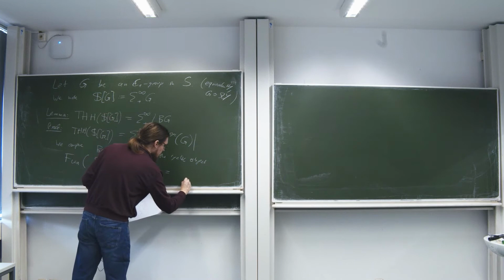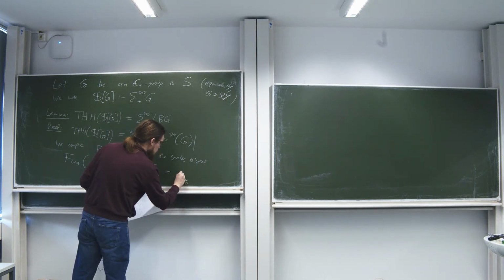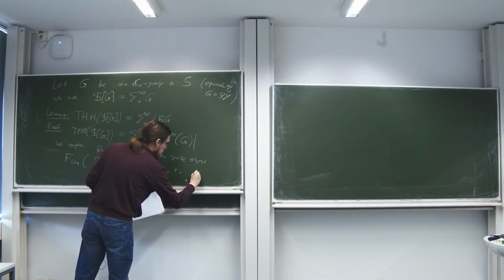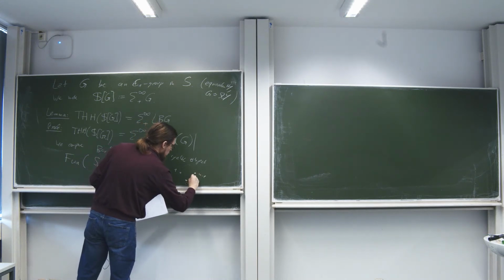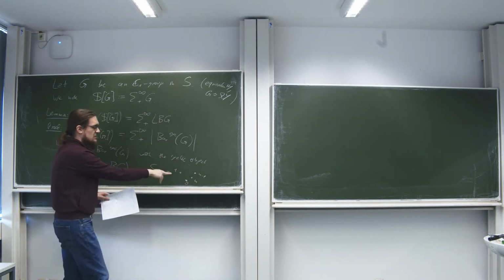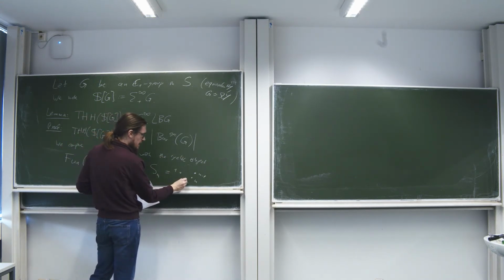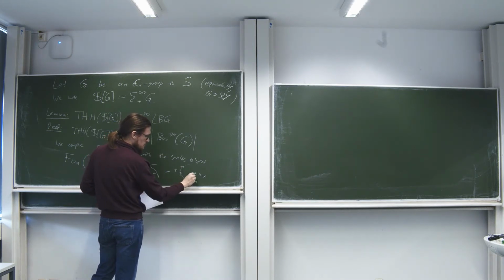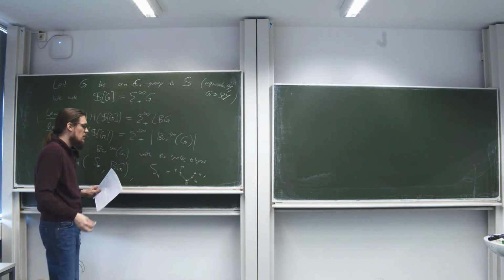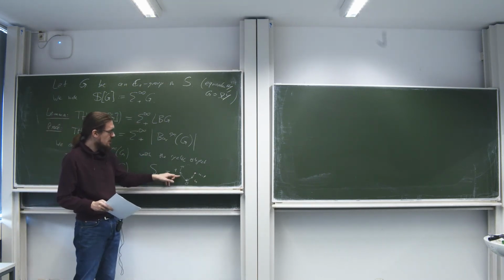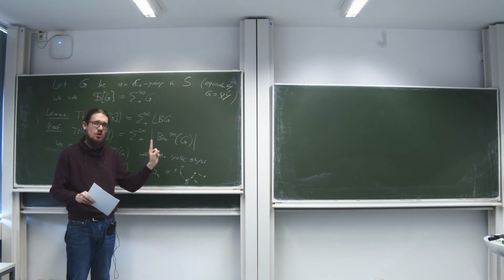Well, this is going to be the category with objects 0, 1, up to n minus 1, n. Think of them as kind of like a circle. And then it's going to be generated by morphisms from one guy to the next.